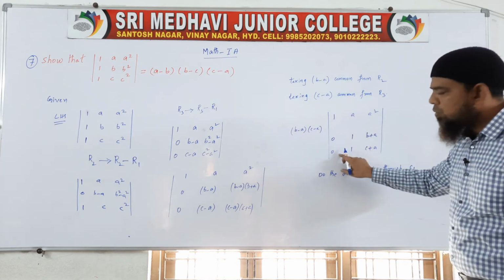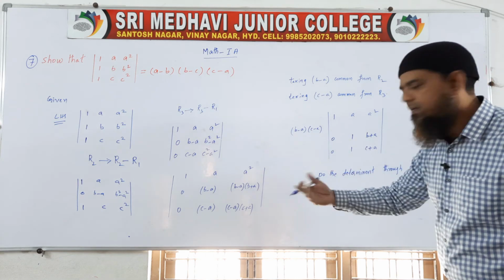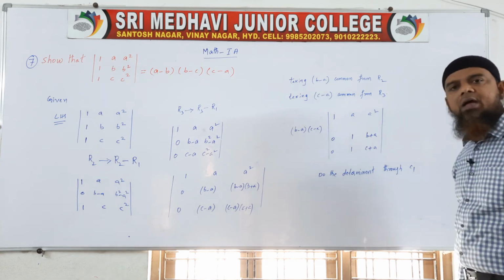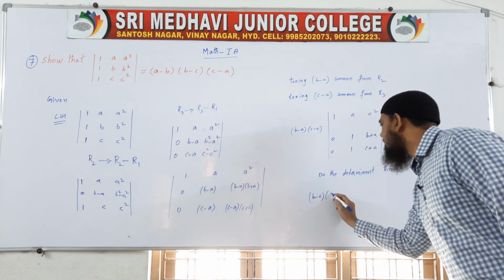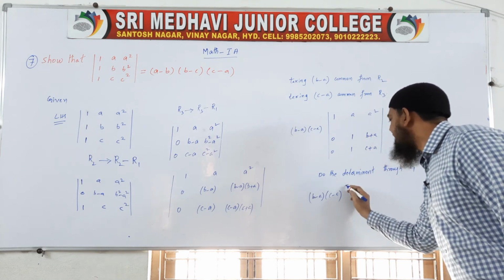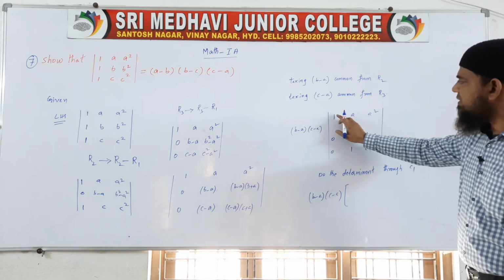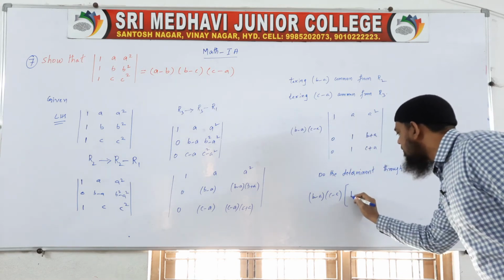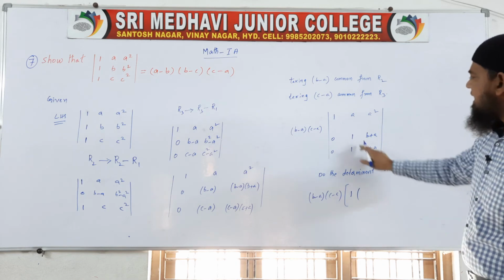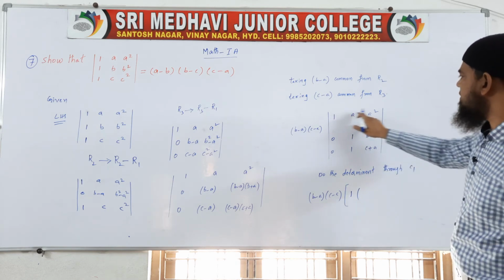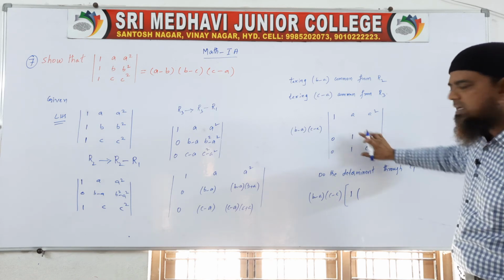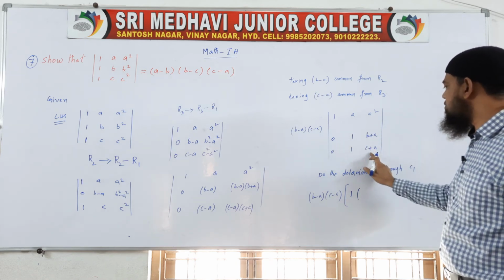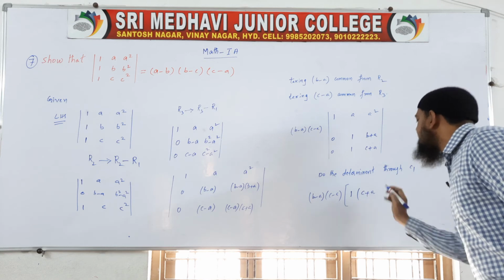With respect to C1, we are doing the determinant now. So B minus A, C minus A, take a big bracket. I am writing first of all 1 into AD minus BC. For 1, this row and this column will be deleted. Only these 4 elements are present. AD minus BC. 1 into C plus A.